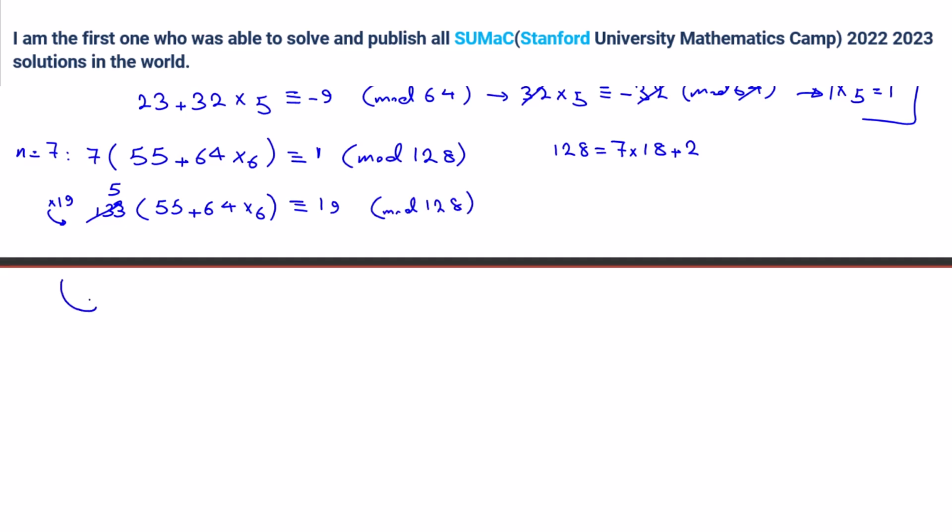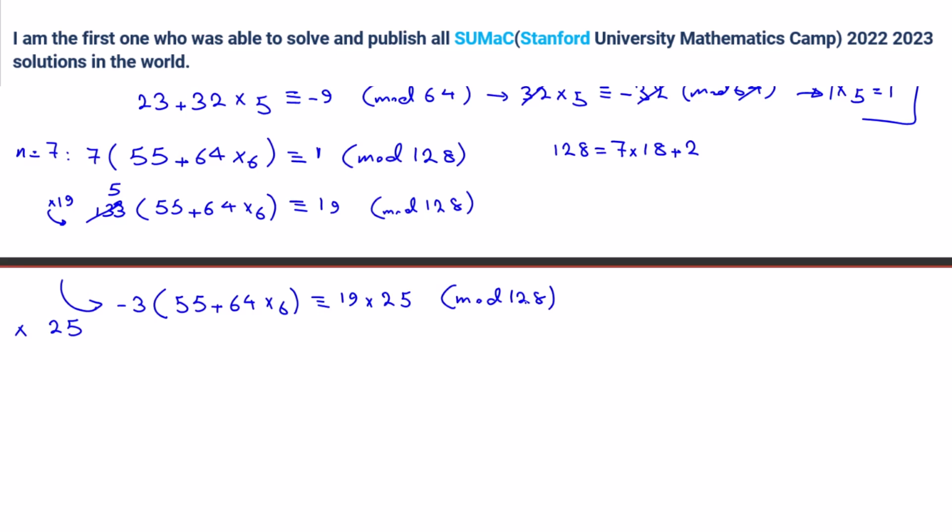Then you can multiply it by 130 over 5, right? 130 over 5 again is even, so let's multiply it by 25, okay? Do you agree it would be negative 3? Yes. So it's 19 times 25. Mod 128.